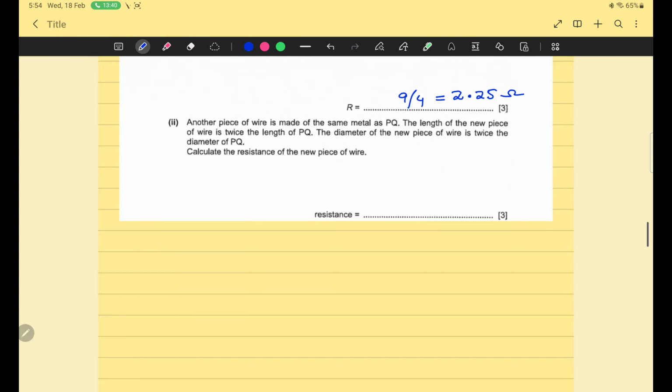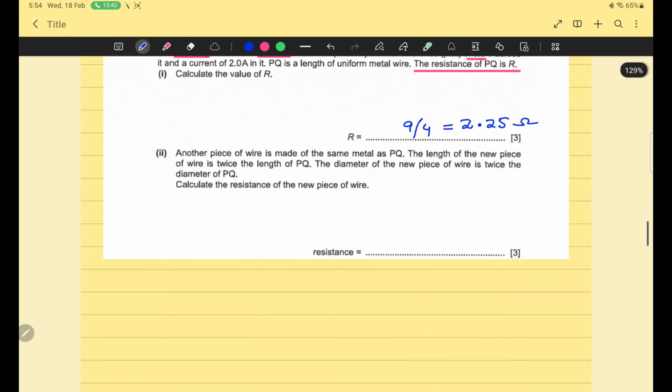Acha ji, now the second part is more difficult, in which another piece of wire, same metal, but the length of the wire is twice, as well as the diameter is twice. Length is twice, diameter is twice. Then you know R is equal to length upon diameter squared.